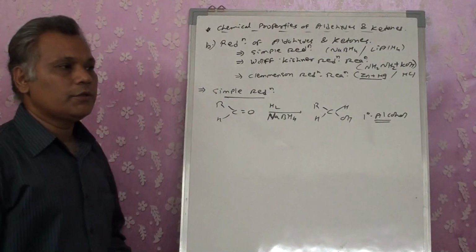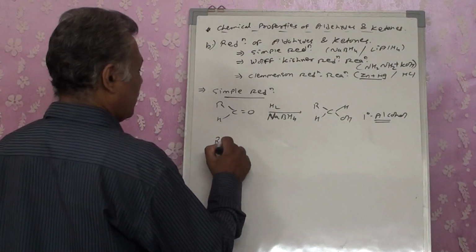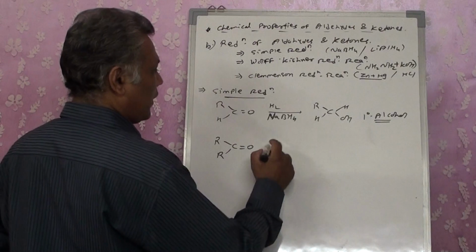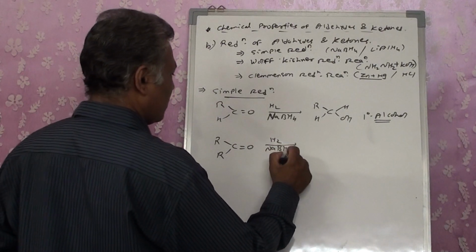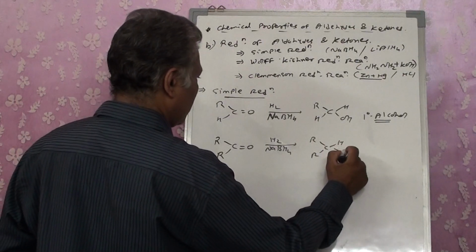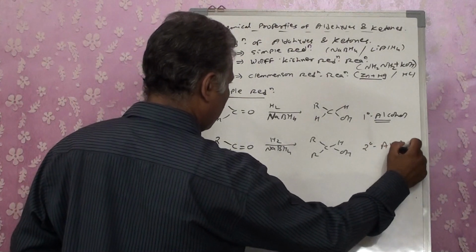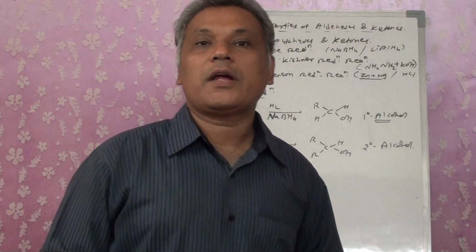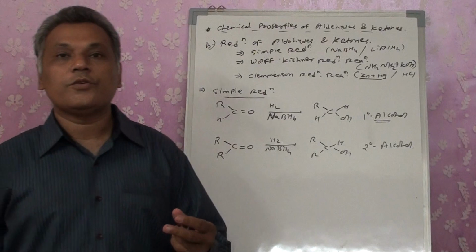In place of that, if you have a ketone and the same reducing agents are used, then the compound gets converted into a secondary alcohol. That means by the reduction reactions, aldehydes convert into primary alcohols and ketones into secondary alcohols.